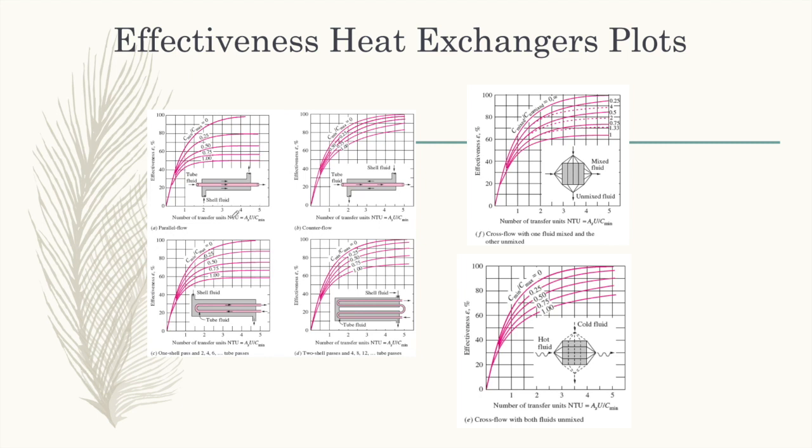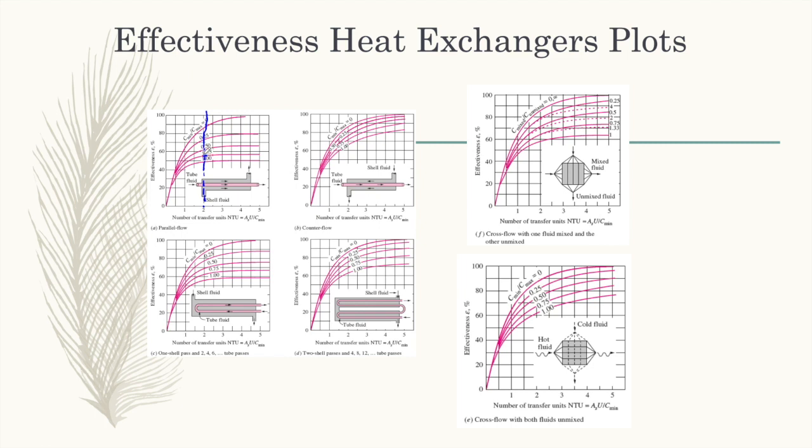If you already get the NTU, for example 2, then you have to draw a straight line up to the curves and check your C minimum over C maximum. Let's say you have 0.75 here.